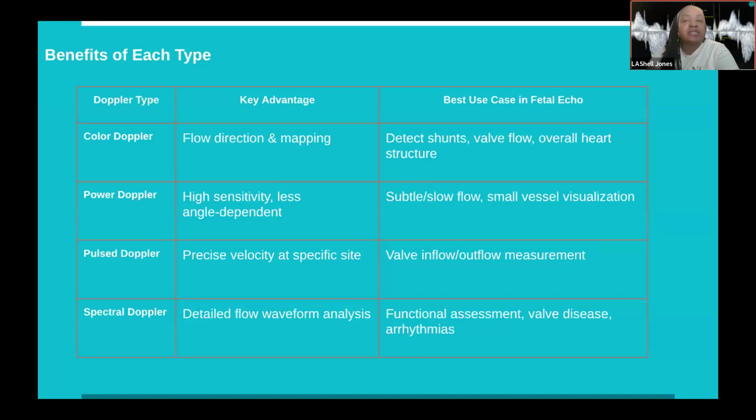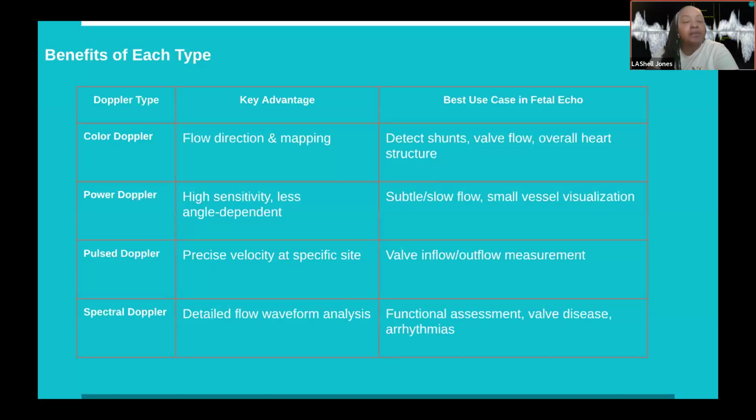You'll be able to assess valve flow and then the overall heart structure. Now, power Doppler is my absolute favorite because of its high sensitivity and it's less angle dependent. This one in particular is especially important for those smaller vessels or the slow moving vessels, and it really enhances those vessels.